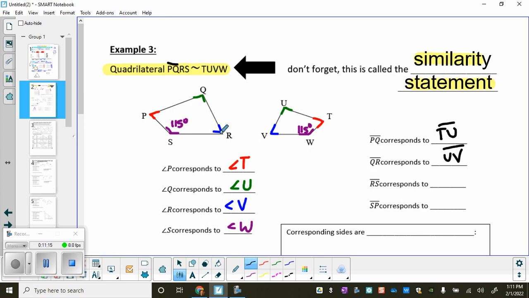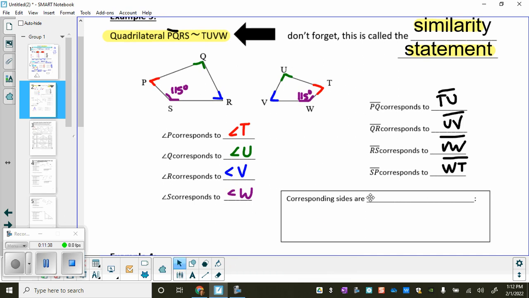All right, RS, we're going from blue to purple, V to W. And then S to P, so purple to red, so right here, W to T. So notice it does matter if we're reading it from S up to P, I care that it's W up to T.